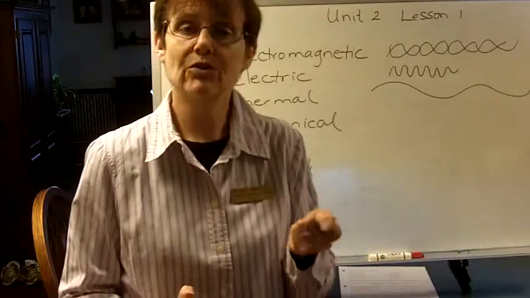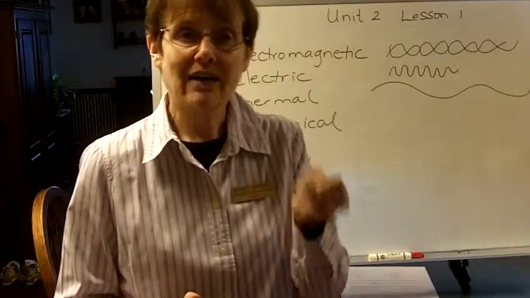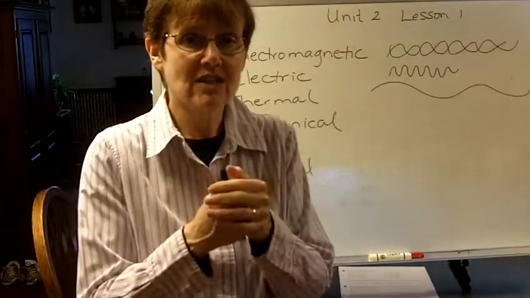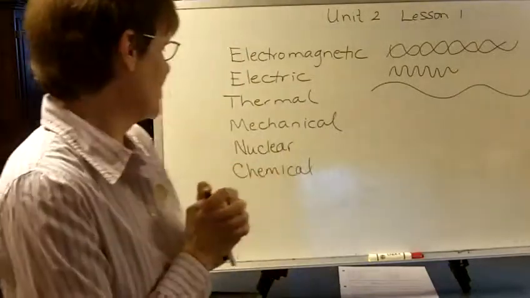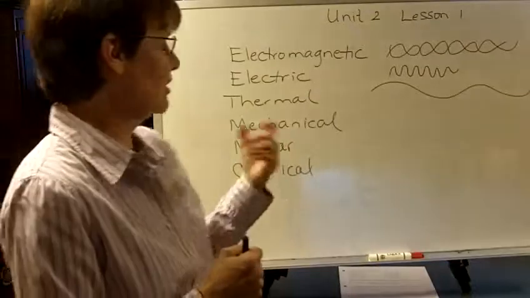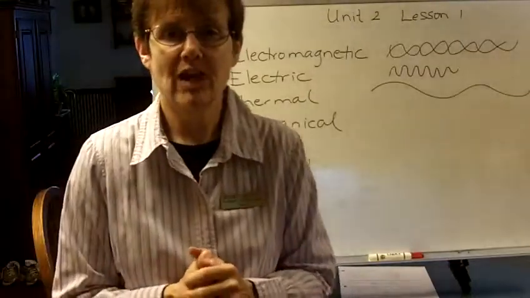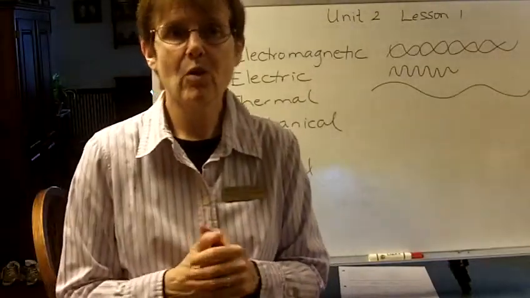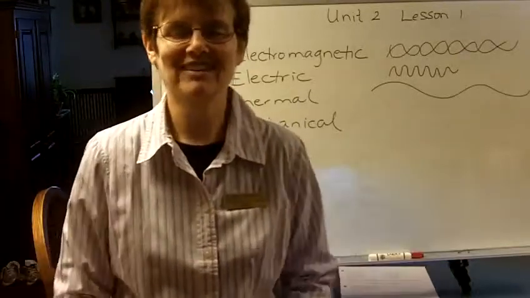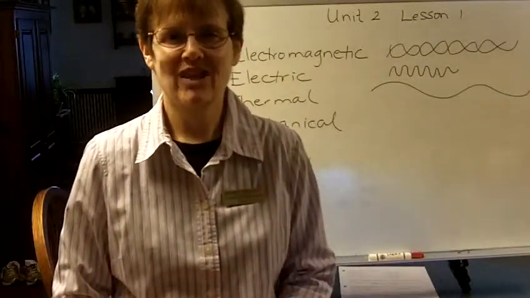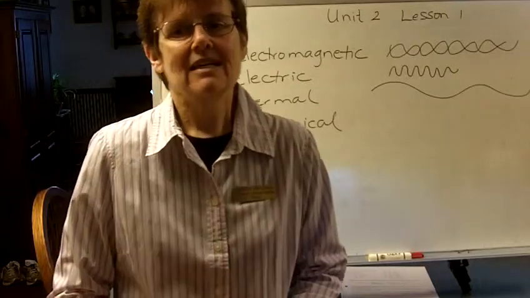We have nuclear fusion going on, where hydrogen nuclei are fusing together to make helium nuclei, and that releases lots of energy when that happens. And then chemical energy. So I talked a little bit about that when I was talking about gasoline, but most any kind of chemical, and everything is made of chemicals, has some amount of energy in it.